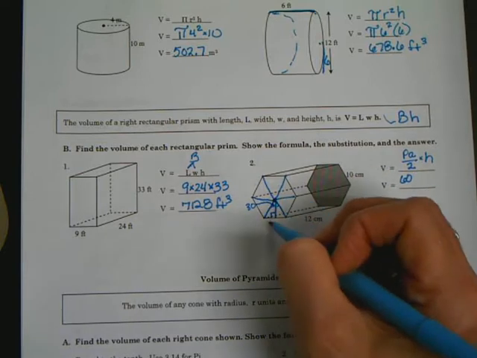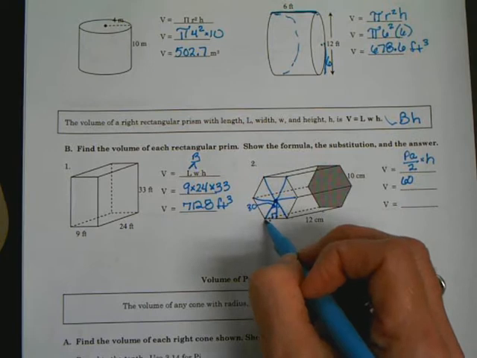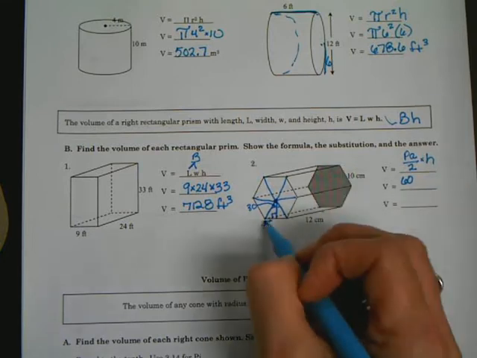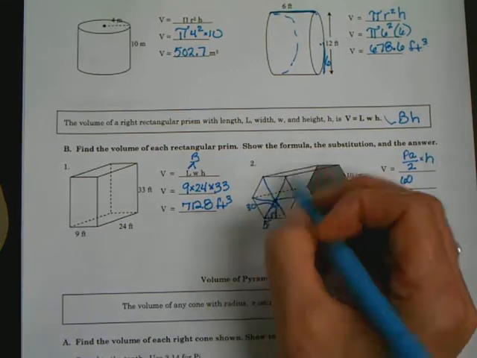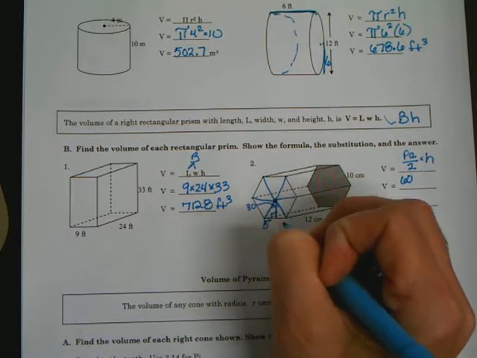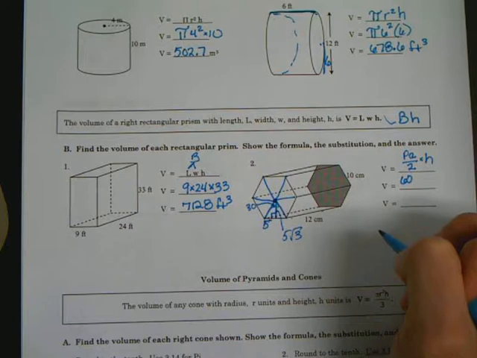That means this is our short leg, which is half the distance across this side of the hexagon, so this would be 5, because each side of the hexagon is 10, making half of it 5. That's our short leg. Our apothem is our long leg. It would be 5 square roots of 3, because it's a square root of 3 times greater, in a special right triangle of 30, 60, 90.